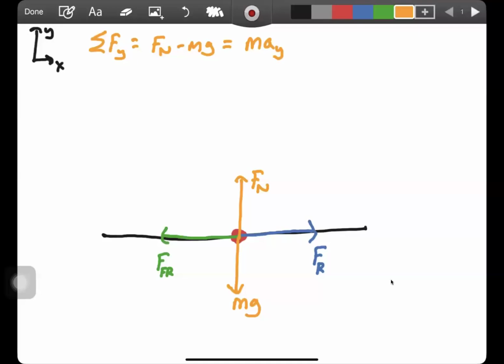Now, going back to our rope, remember we're pulling to the right, and then we have kinetic friction opposing that motion, so it's going to the left.